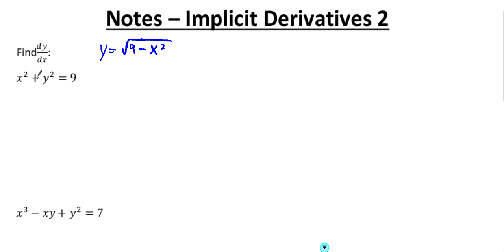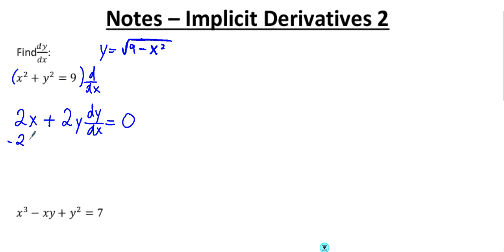So I'm taking the derivative of both sides with respect to x. The derivative of x squared is 2x, plus the derivative of y squared, which is 2y dy over dx, equals 0. Once you have your derivative, you solve for dy over dx.